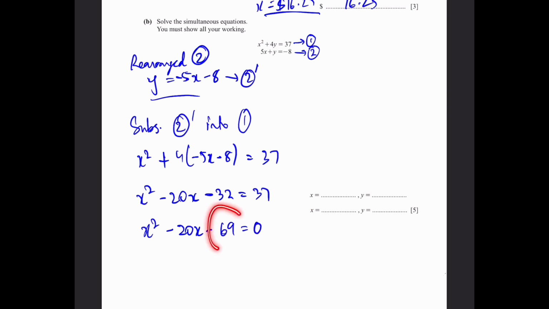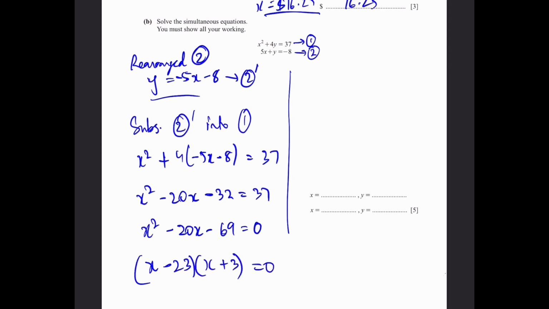Which two numbers multiply to minus 69 and add up to minus 20? We take minus 23 times 3. These two make minus 69, and minus 23 plus 3 makes minus 20. Therefore, the factorization is (x minus 23) times (x plus 3) equal to 0, and x equals 23 and x equals minus 3 are the solutions.